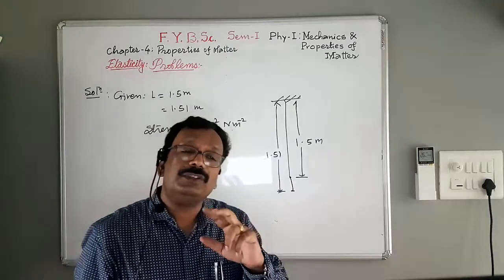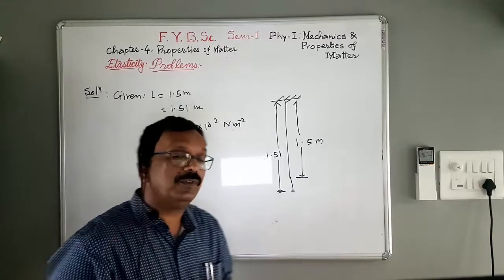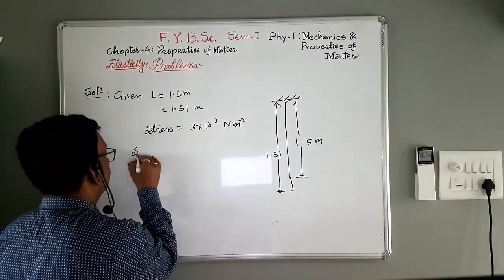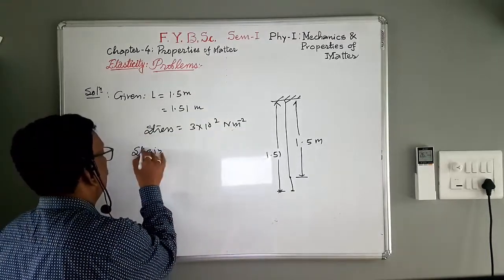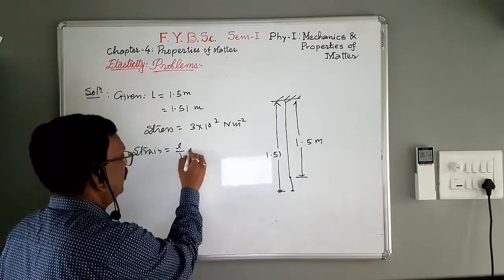Now, in order to find the energy stored per unit volume, first of all we have to calculate strain. What is strain? Change in length per unit original length.